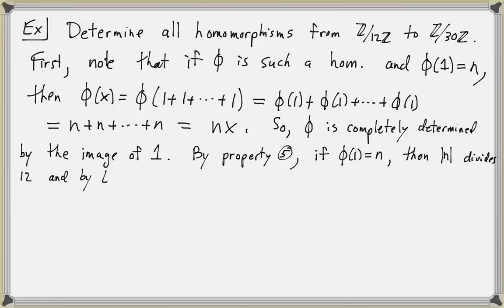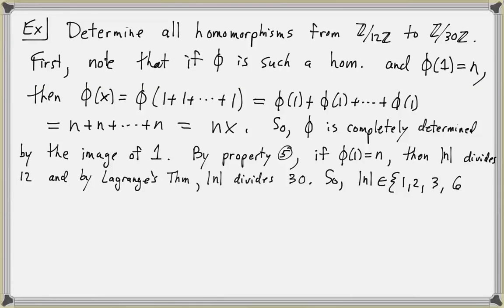And by Lagrange's theorem, or corollary to Lagrange's theorem, since n is an element of the integers mod 30, the order of n also divides 30. So we know that the order of n divides 12 and the order of n divides 30. So the order of n must be an element of the set 1, 2, 3, or 6. These are all the common divisors of 12 and 30.